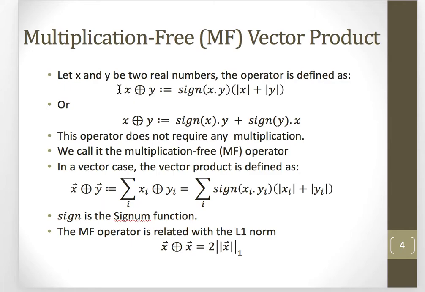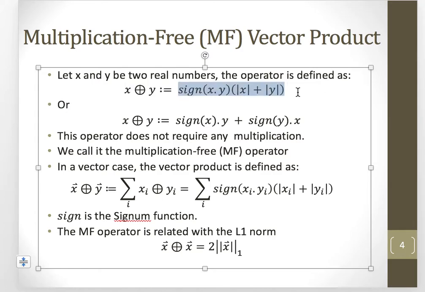So if I have minus 3 ⊕ 5, I would get minus 8. If I had minus 3 ⊕ minus 5, I would get plus 8 instead of plus 15. So I don't perform any multiplications, and I compute the sign using the XOR operation.